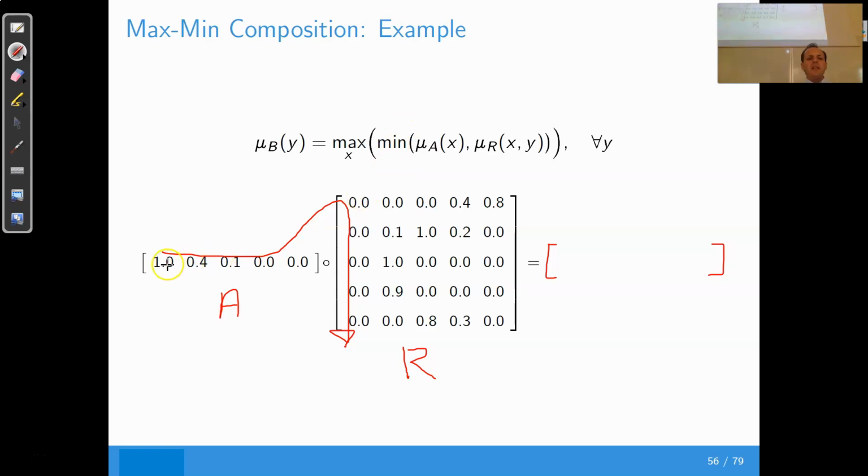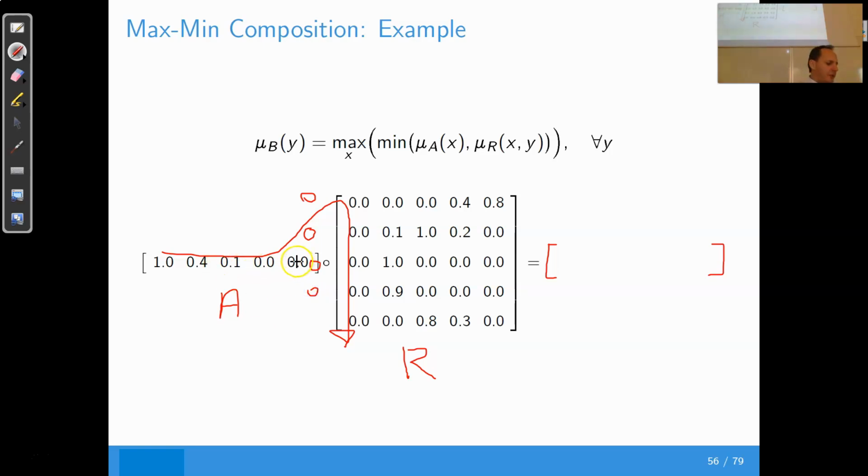So you compute this operation. The minimum between 1 and 0 is 0. The minimum between 0 and 0.4 is 0. The minimum between 0.1 and 0 is 0 again. The minimum between 0 and 0 is 0.